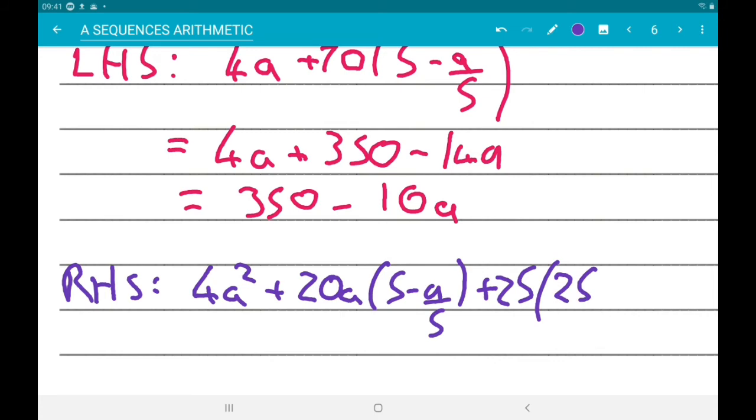And then 5 times minus a over 5 is just minus a. So we get 2 of those. So there's a minus 2a. And then minus a over 5 times minus a over 5 is plus a squared over 25.